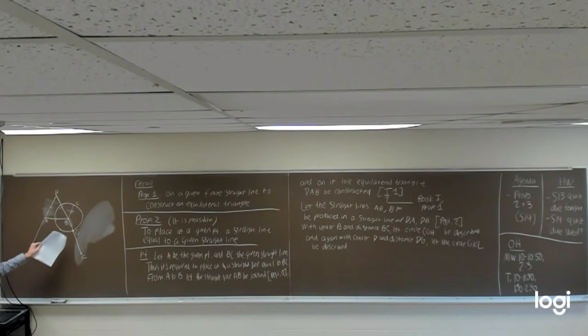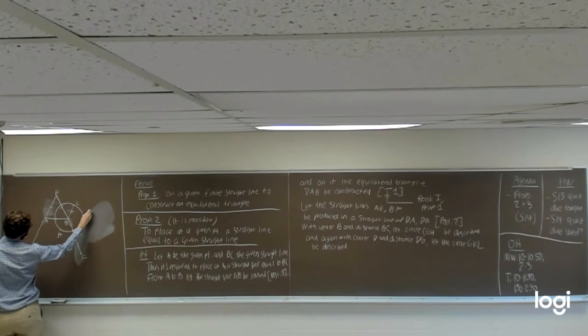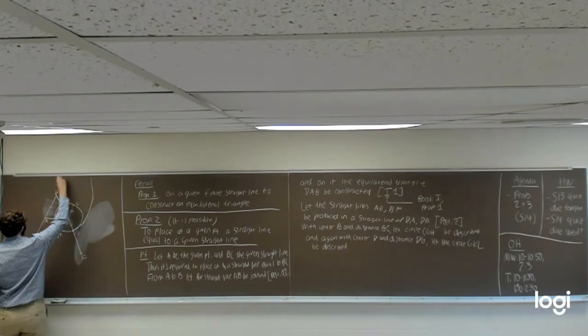So now we're going to do the same procedure. We're going to make a circle, except this one's going to be really big because this circle is going to be centered at D and is going to have radius equal to the segment from D all the way out to G. So our circle is going to look something like this. It's going to go off the top of the board.